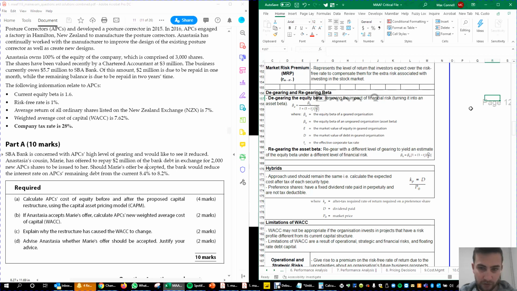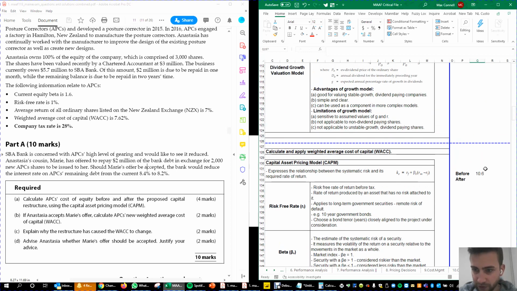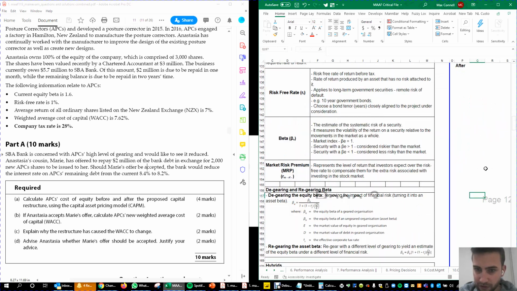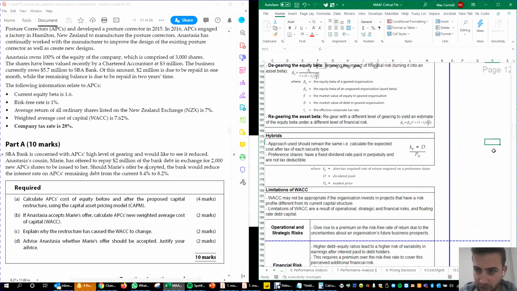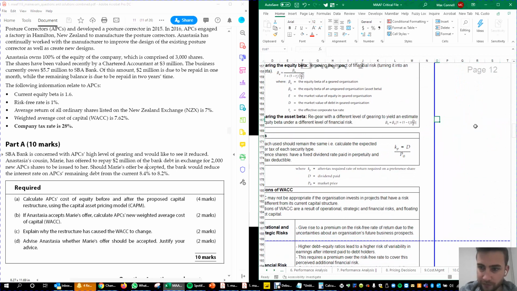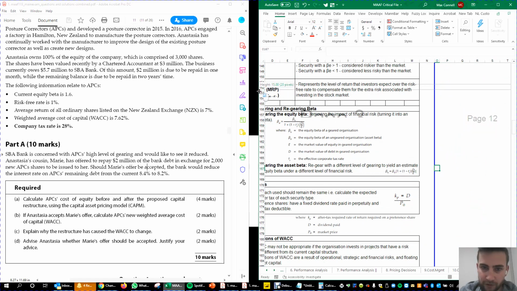So it's the equity beta of a geared organization. So we establish that up the top. Okay, so the formula is going to be, let me just extend this across.